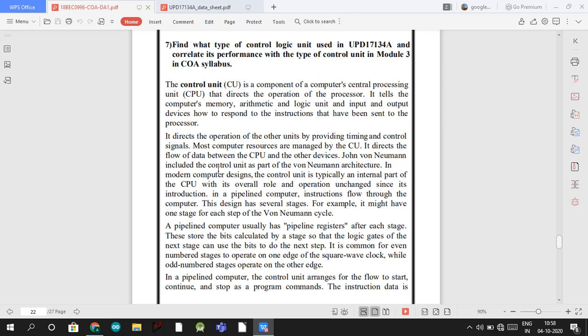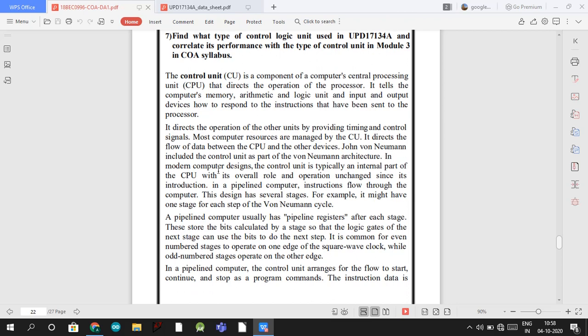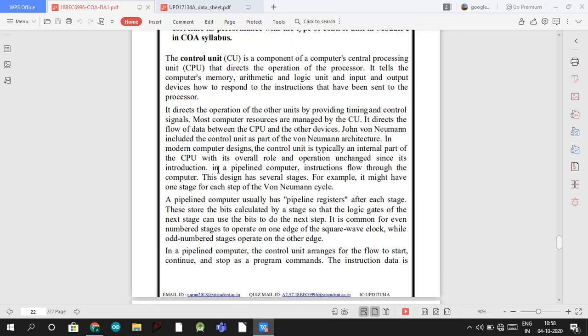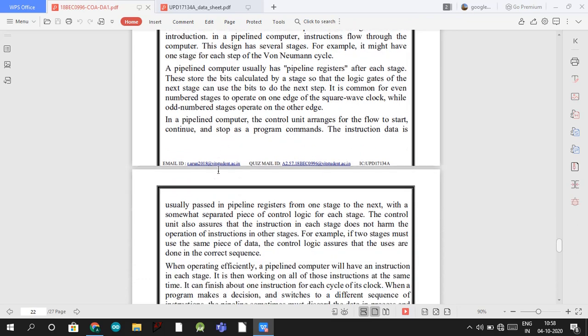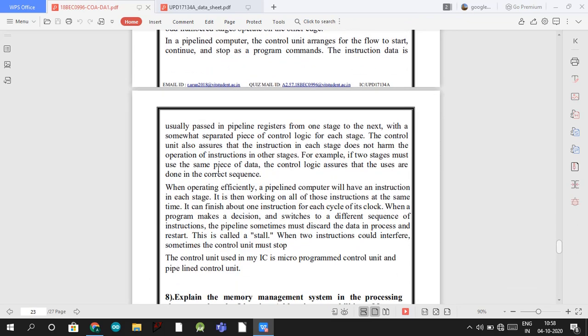They store the bits calculated by a stage so that the logic gates of the next stage can use those bits to do the next step. It is common for every even-numbered stage to operate on one phase of the square wave clock, while odd-numbered stages operate on the other phase. And when operating efficiently, a pipeline computer will have an instruction in each stage, working on all those instructions at the same time. It can finish about one instruction for each cycle of its clock.